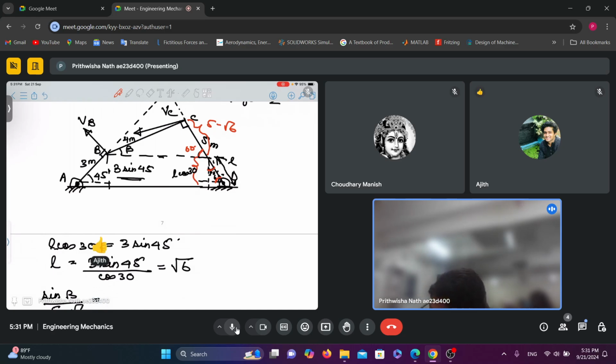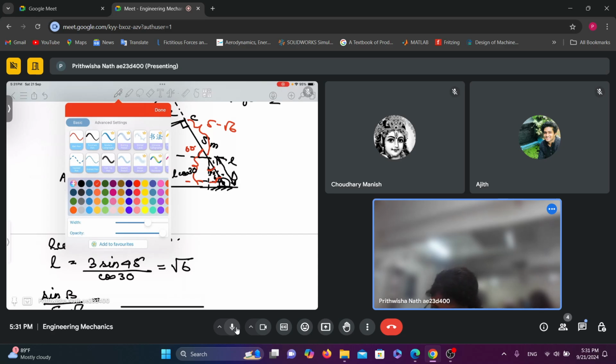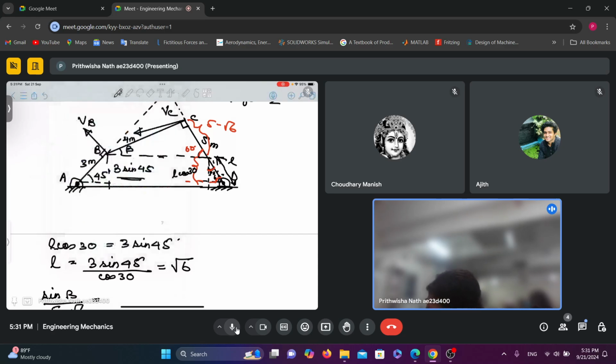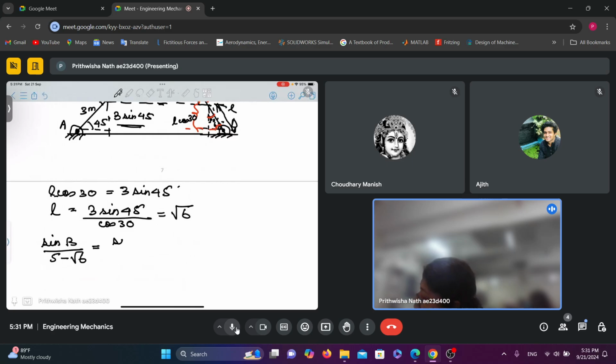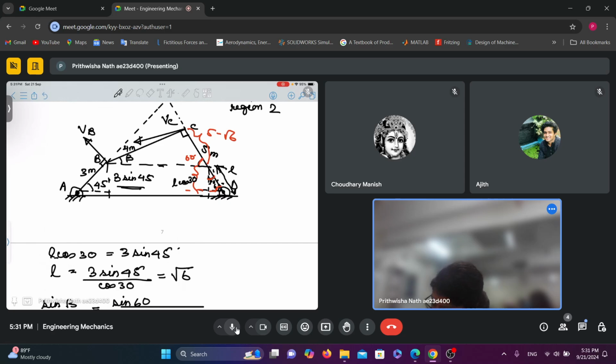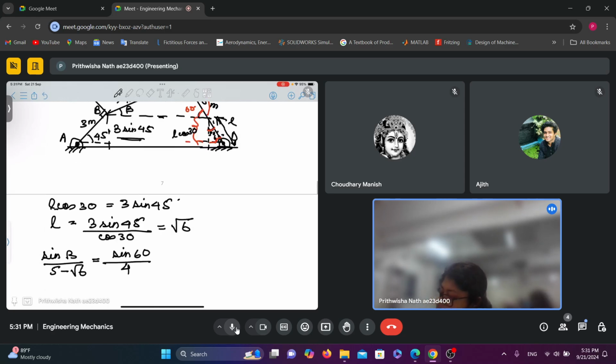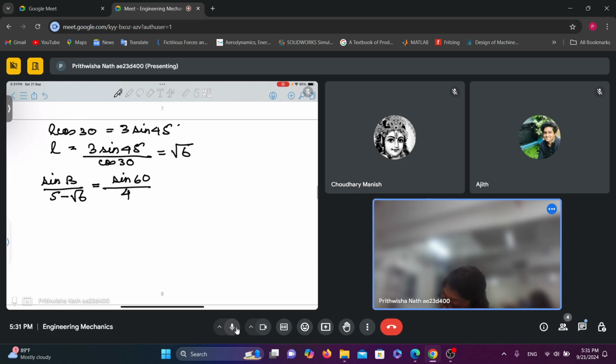I'm just drawing a parallel line. So this is 60. So I'll just write sine of 60 degree divided by the opposite side, that is 4 meter. So from here you need to calculate beta.